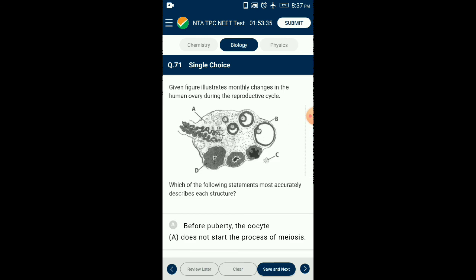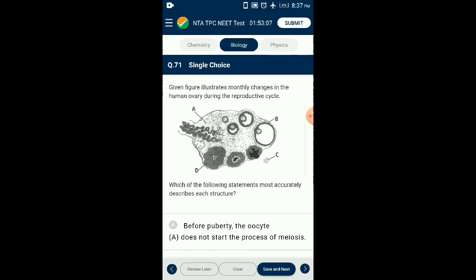Question number 71. Given figure illustrates monthly changes in human ovary during reproductive cycle. Which of the following statements most accurately describes each structure? At birth, the ovaries have about 2 million follicles, each with an ovum that has started meiosis, but it is arrested in prophase 1 of the meiotic division.